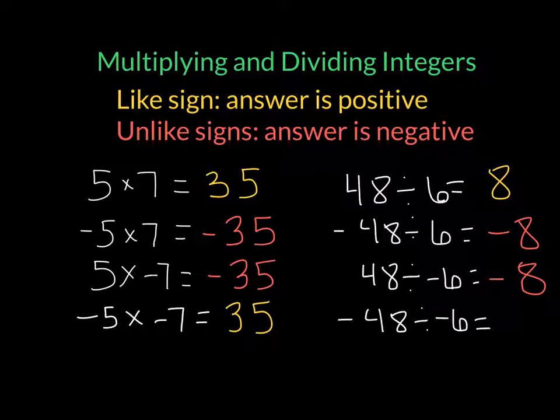Negative 48 divided by negative 6. Those are like, so my answer is positive. And again, when you see two negatives, you can think of it as being positive.